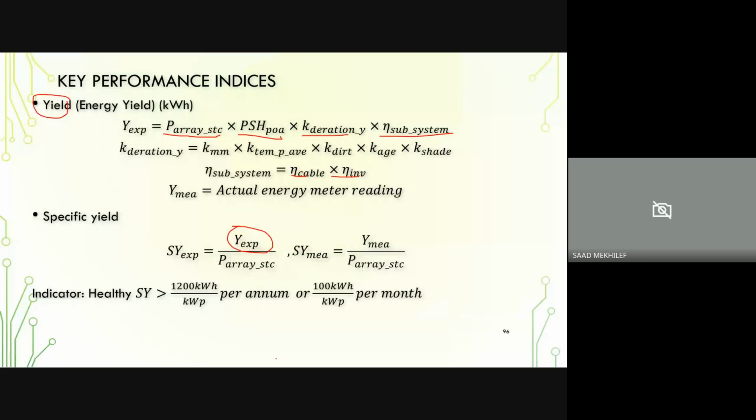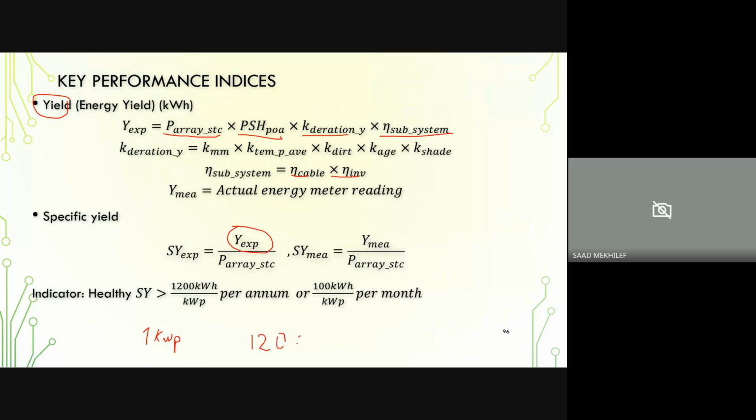When you see the monthly figure, we're talking about this divided by 12. So I'm talking about a 1 kilowatt peak system.